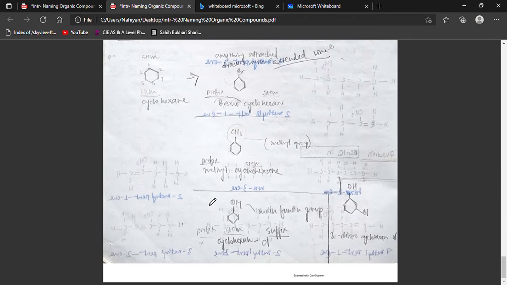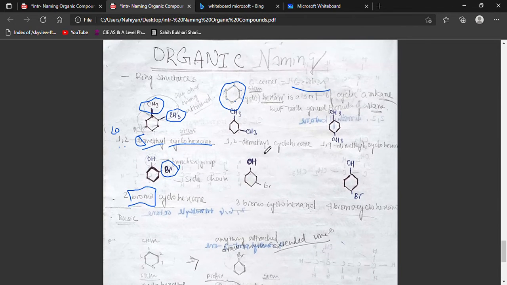So moving on to the naming, we again have this compound. It's similar, but the difference is that it should be 1, 2, 3. So it should be 1,3-dimethylcyclohexane. Similarly, this is a methyl group as well.